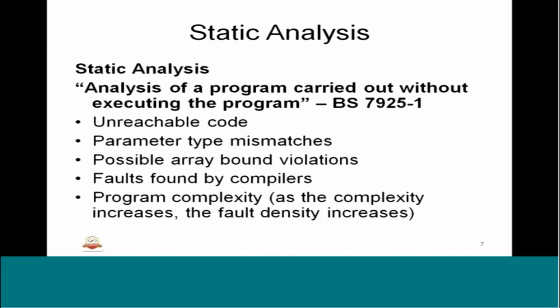In static analysis, we went through the types of analysis that we do: identifying unreachable code, parameter type mismatches, possible array bound violations, and faults that are found by the compilers. It could be general info, warnings, or errors. These issues reported by the compilers are also analyzed statically.